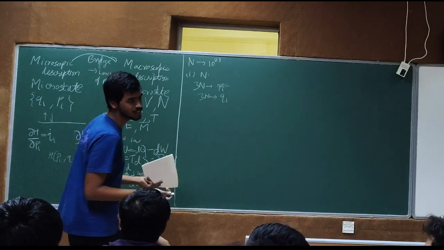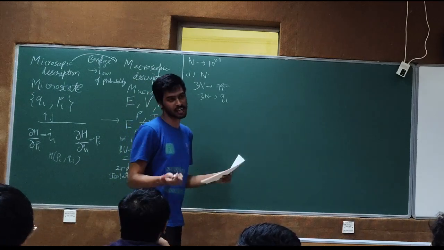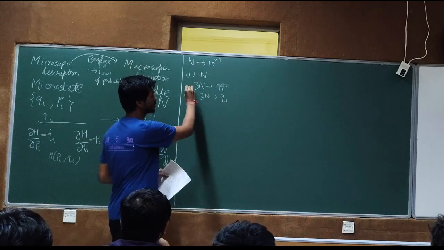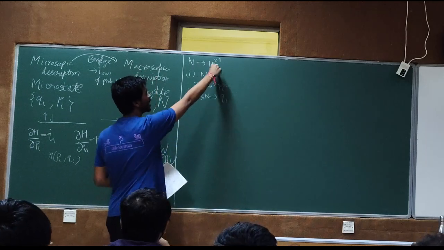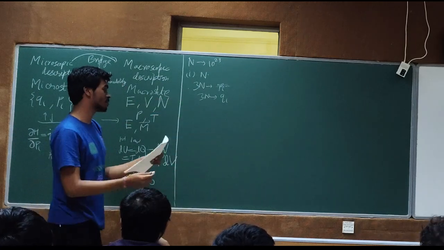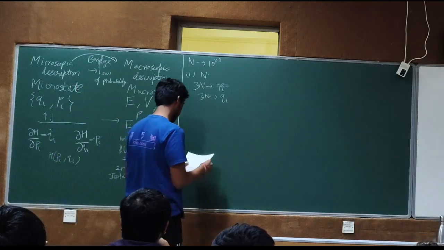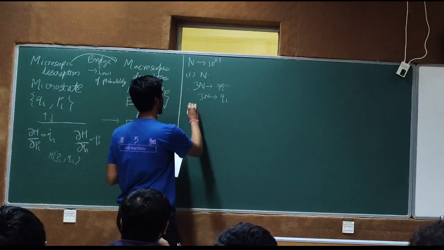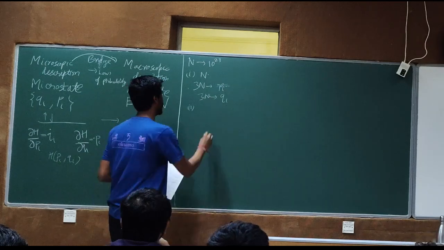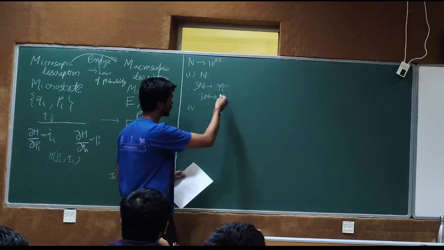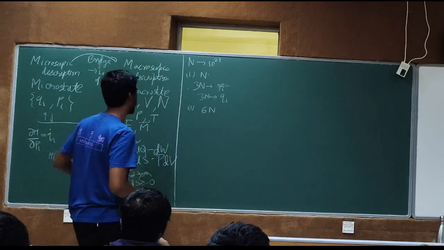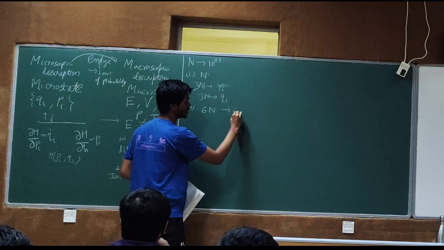If you consider each particle to have three degrees of freedom, you have these many equations for position and momentum. And you see, N is such a large number that solving these many equations is practically impossible. And one more thing is, these equations are very chaotic. When you solve a system of 6N differential equations, which are all first order, you will need 6N initial conditions.